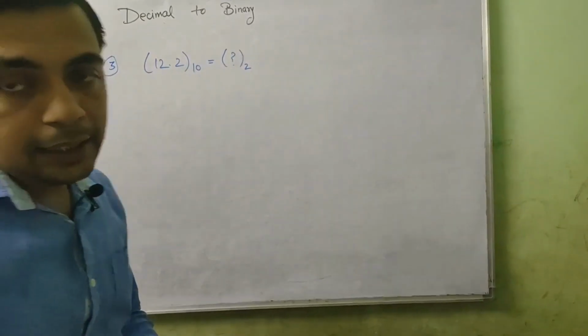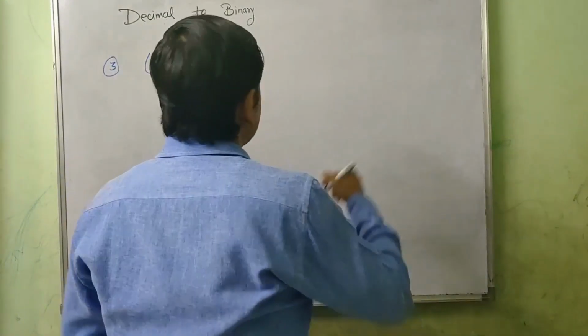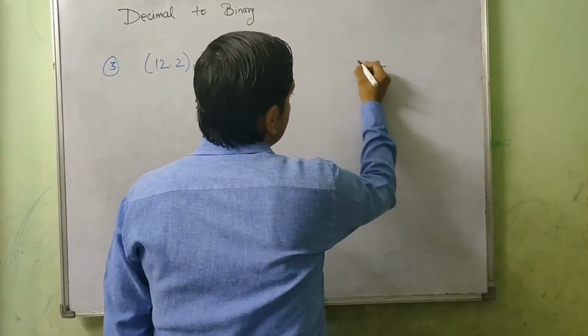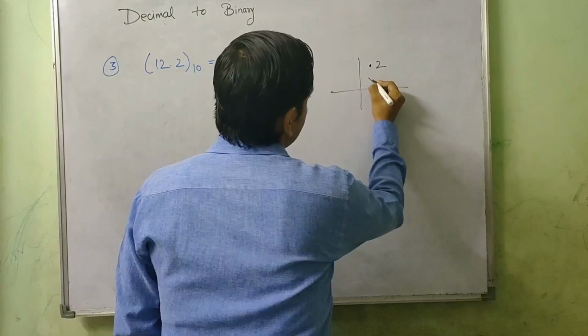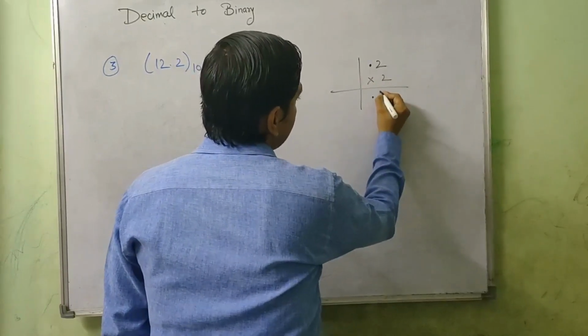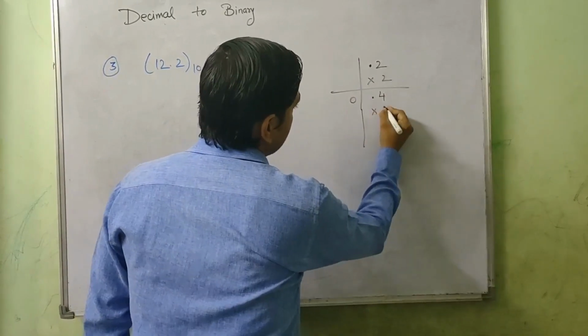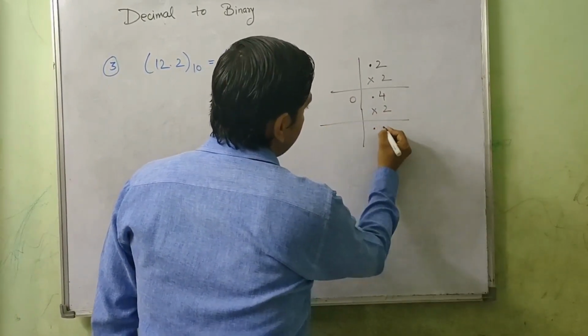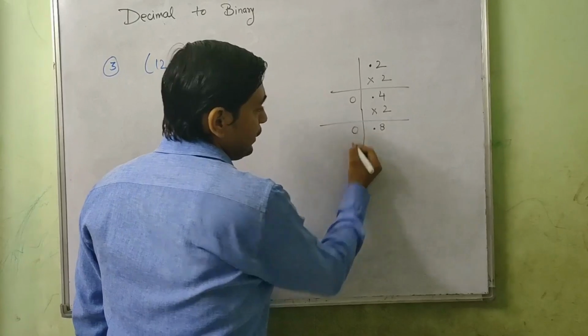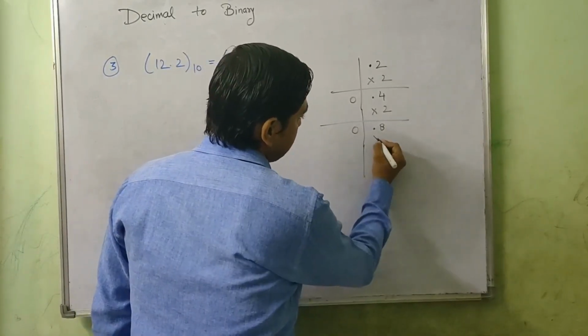So let's start with the fractional part. The fractional part is 0.2. So you are going to multiply it by 2. It will become 0.4, and the integer part is 0. Now again you will multiply it by 2. This will become 0.8, and again the integer part is 0 only.